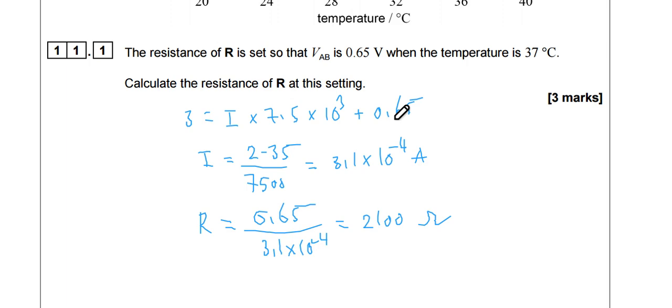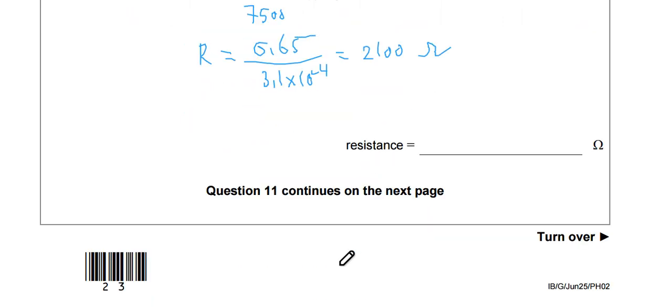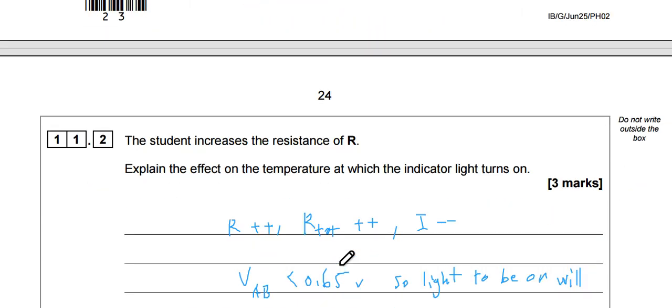I didn't write R here because the potential across AB, which is across R, is given, so I wrote this directly and rearranged it to get I. When I got I, by Ohm's law, V equals IR, I found R as V divided by I. And the answer is 2100 ohm.